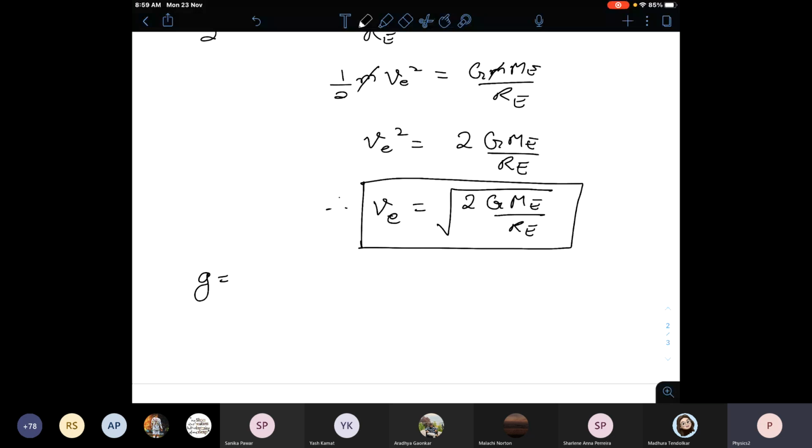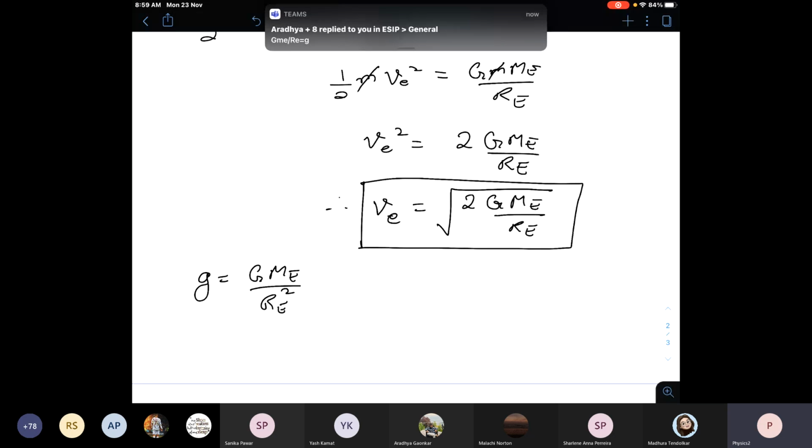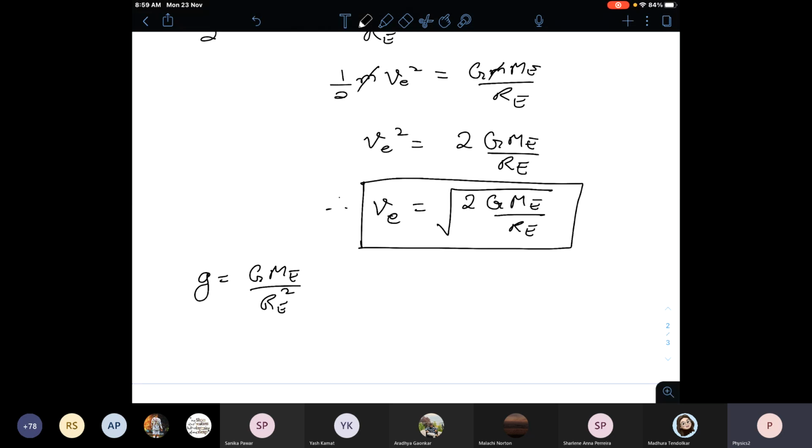You know the value of small g can be written as GMe by Re whole square. This is in terms of gravitation constant, mass of Earth and radius of Earth. It should be Re square. So what you can do is you can write GMe by Re as gRe.